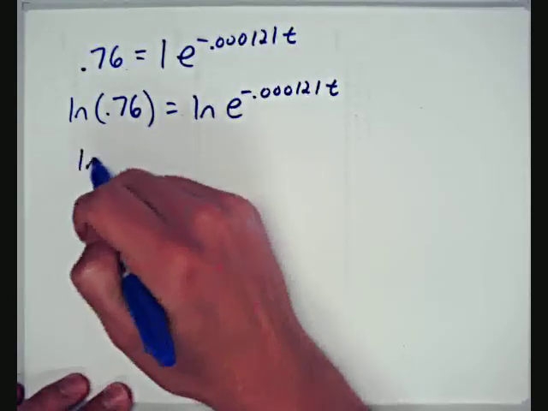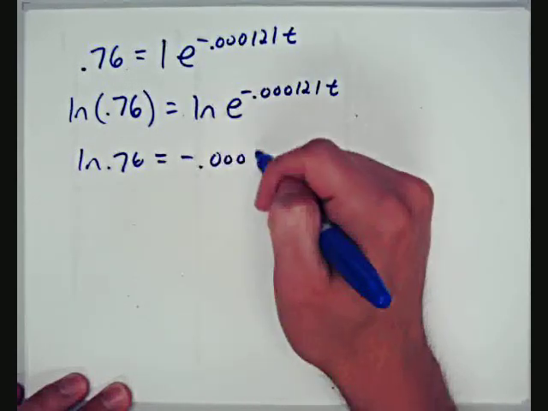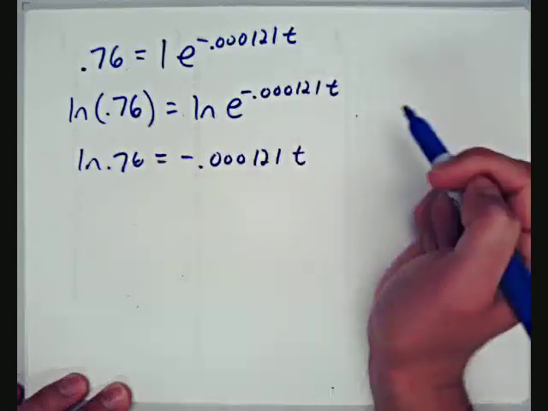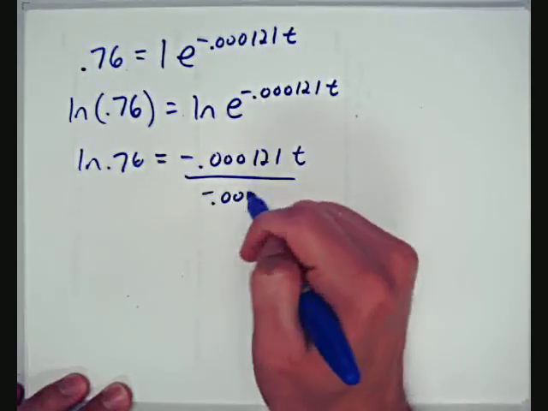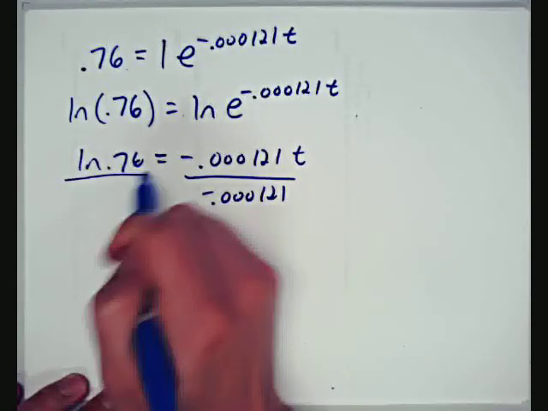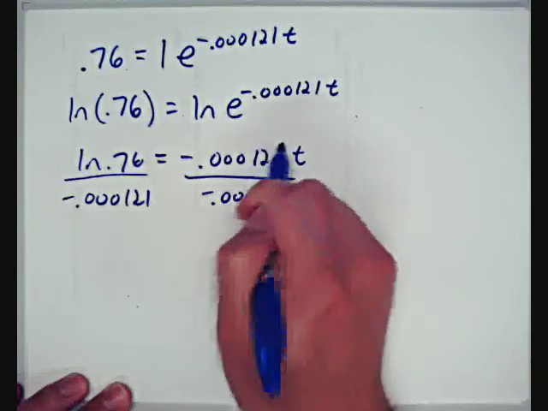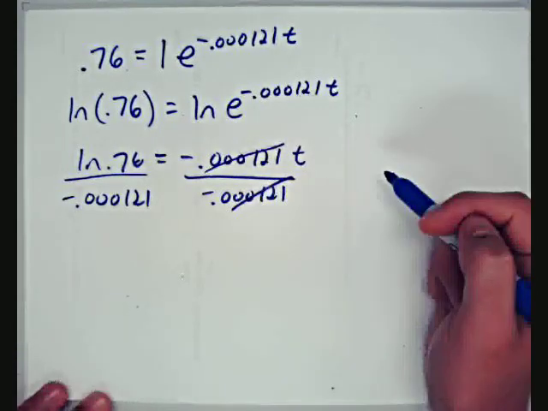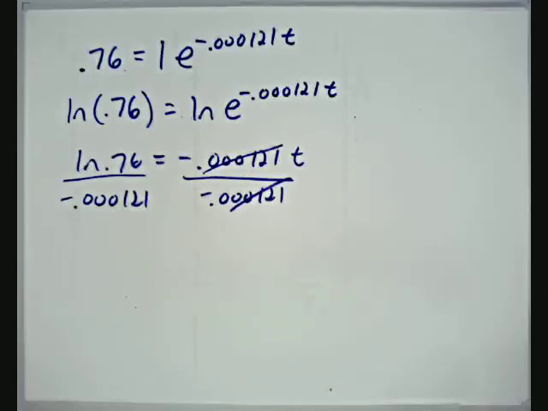The natural log of e will simplify, leaving us with negative 0.000121 t. And our last step to solve for t, divide both sides by negative 0.000121. Hopefully you've seen in the last 2 examples, we've gone through this exact same solving procedure now 4 times. You'll be using this procedure over and over again in this section.